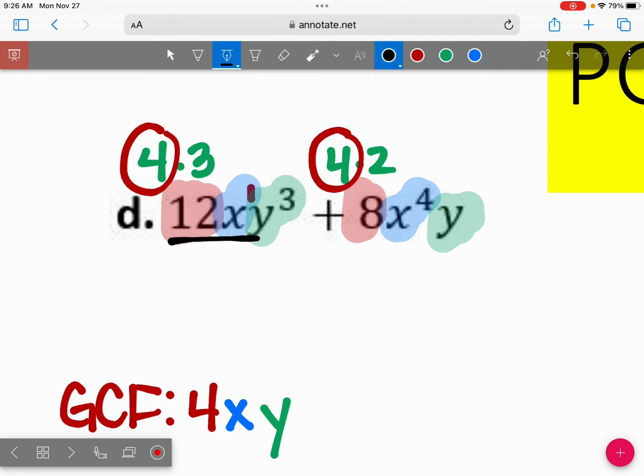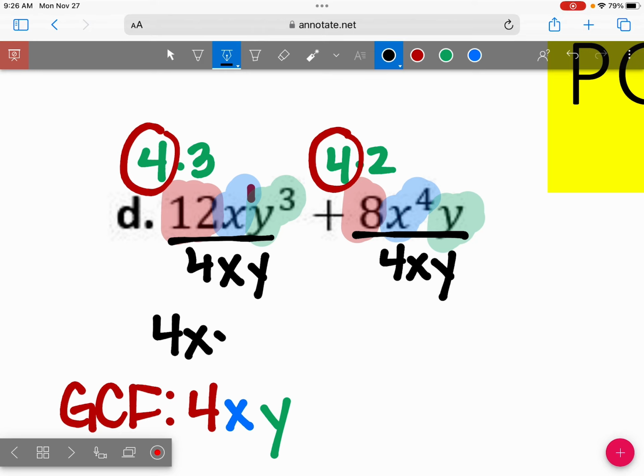So take a minute and I want you to divide both of these by 4xy, and then tell me what's left on the inside. So remember, you're dividing the numbers and subtracting your exponents.